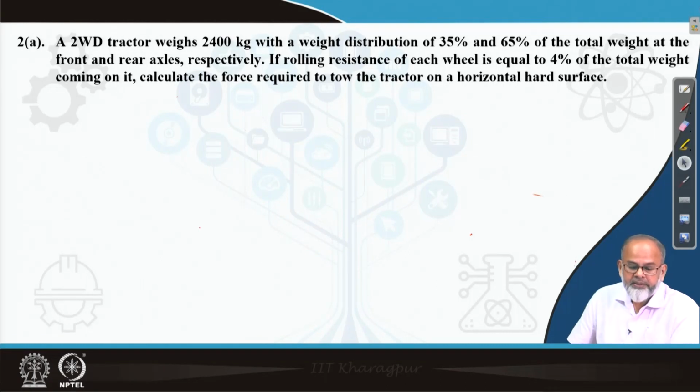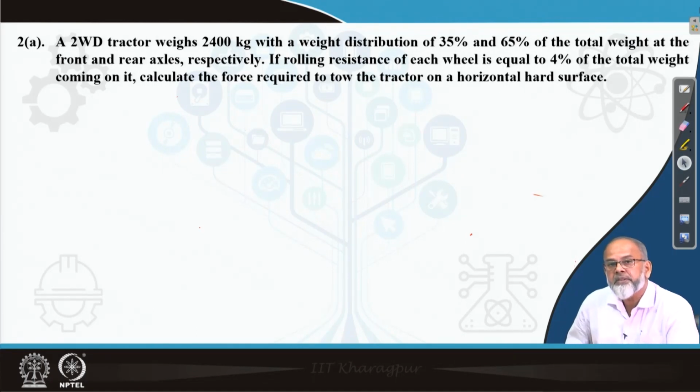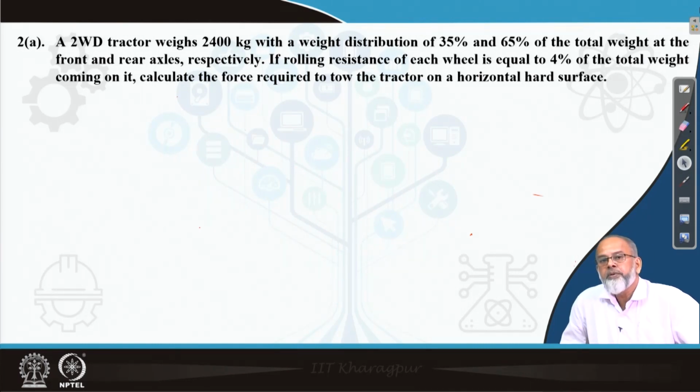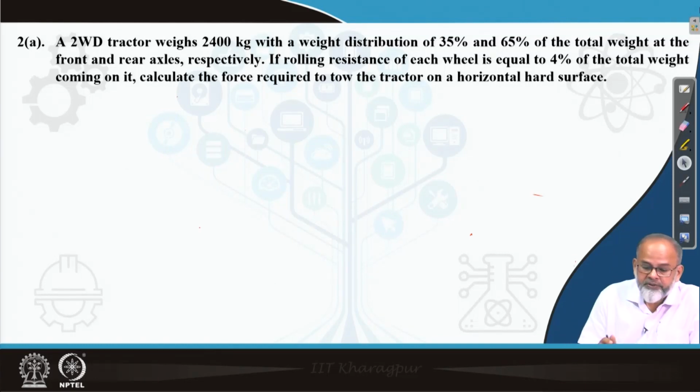A two-wheel drive tractor weighing 2400 kg has a weight distribution of 35% and 65% of the total weight at the front and the rear axle. If the rolling resistance of each wheel is equal to 4% of the total weight coming on it, calculate the force required to tow the tractor on a horizontal hard surface. That means we have to find the rolling resistance.